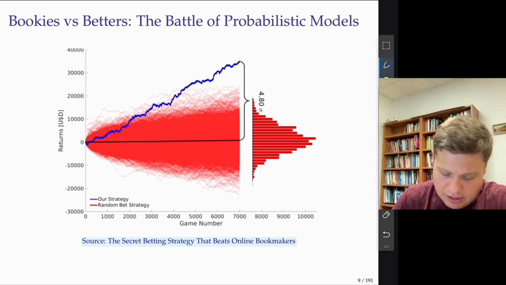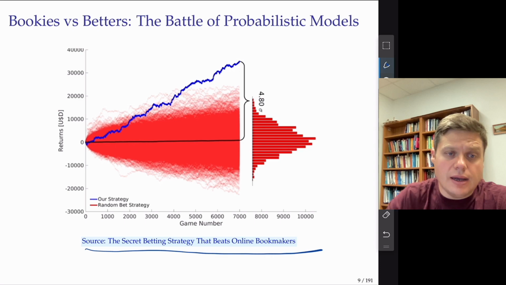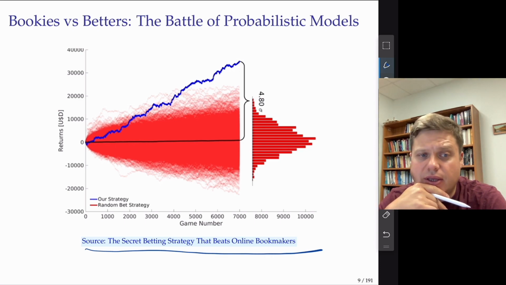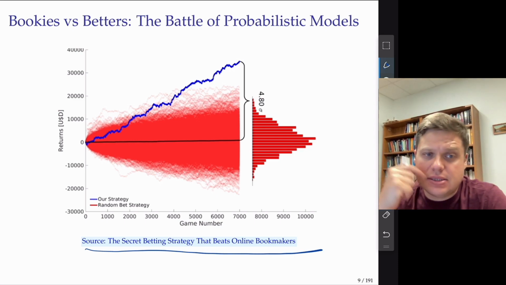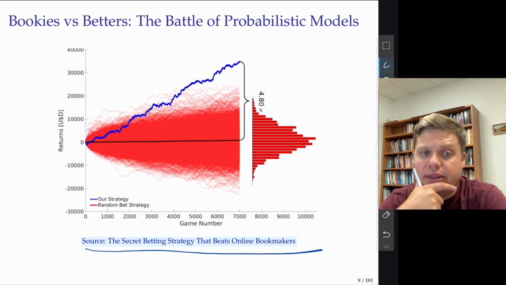You can click on the link and read the MIT Tech Review article about this group of people. They were using a bias in the way that bookies set up the odds, and the bias sometimes exists when you have an underdog that is heavily loved by the fans.